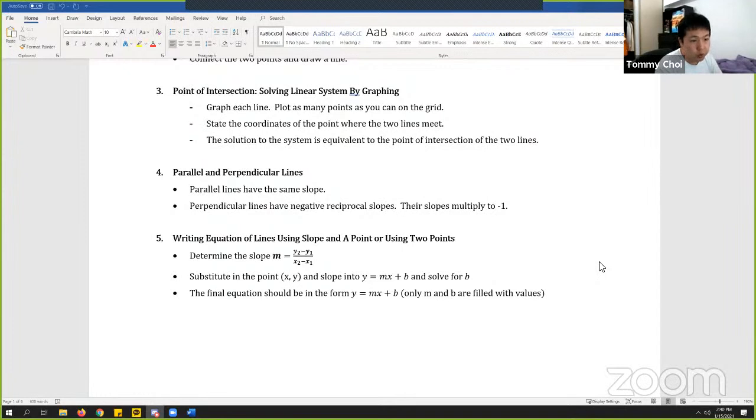Number 2, if you don't have the y-intercept, you can now use your slope as well as a point on the line to solve for your y-intercept, your b value. Once you have then found your m, your slope, and your y-intercept, your b value, you can plug those into the equation and write it in y equals mx plus b form. Okay? You don't sub in the point again, you leave y and x, right?